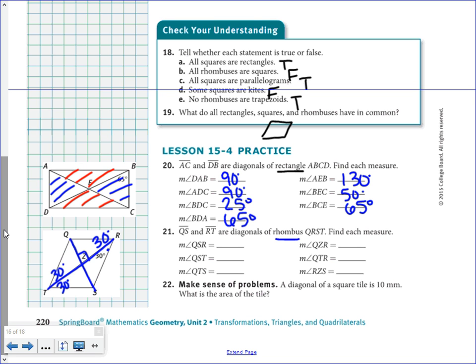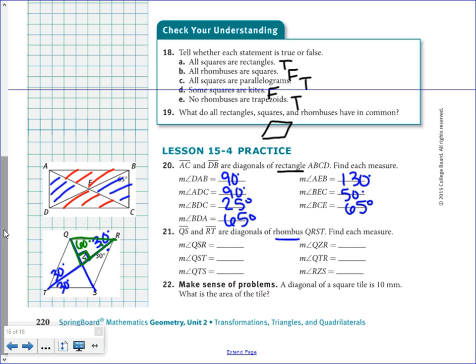Then we know this is a right triangle. And so if we have a 90-degree angle and a 30-degree angle, 180 minus 90 minus 30 gives 60, because your three angles have to add up to 180.